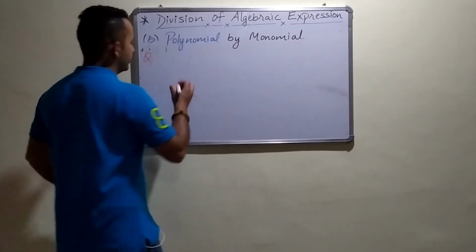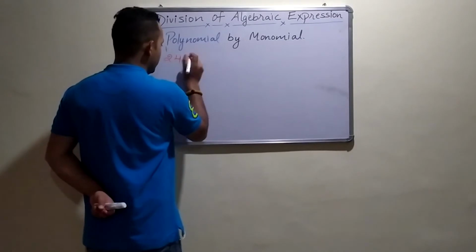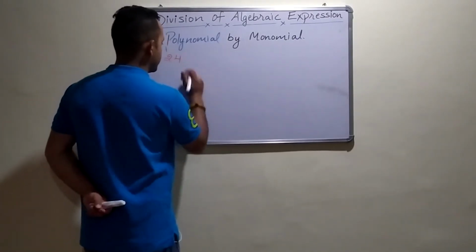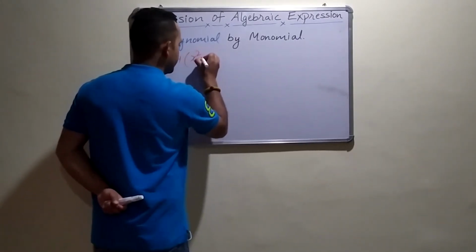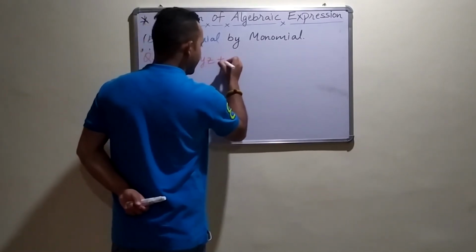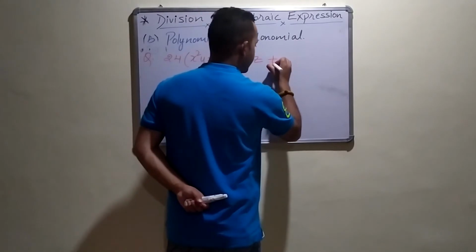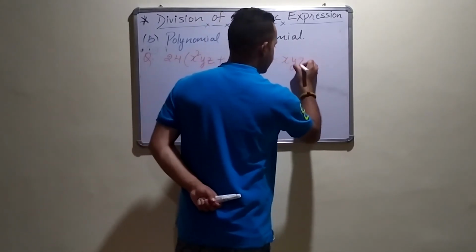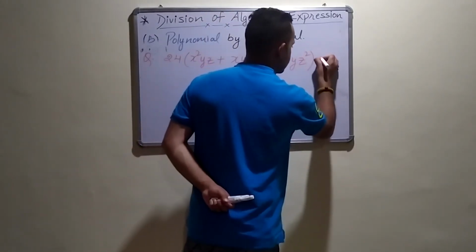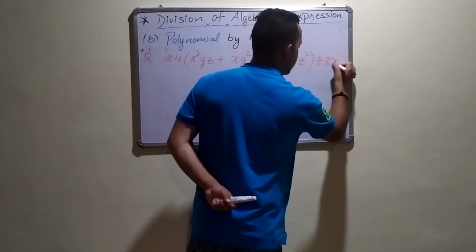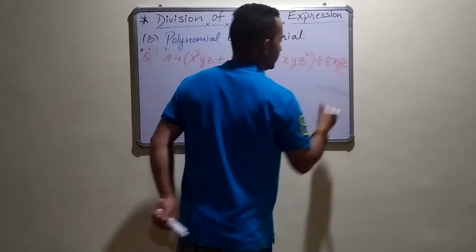Okay class, now my question is 24x square yz plus xy square z plus xyz square divided by 8xyz.